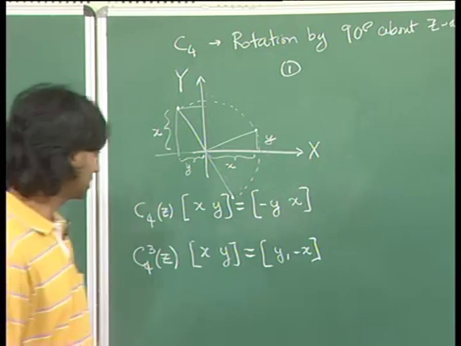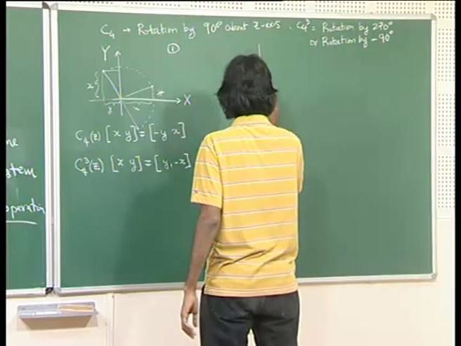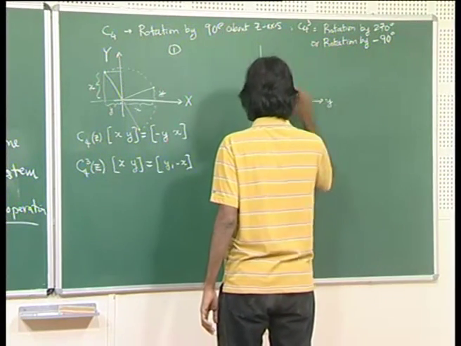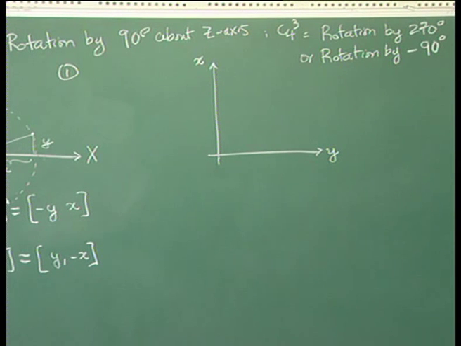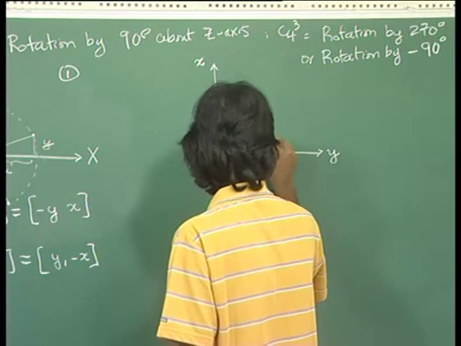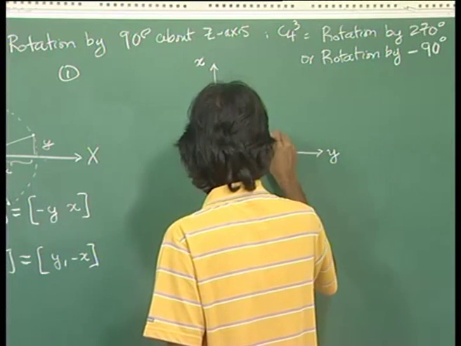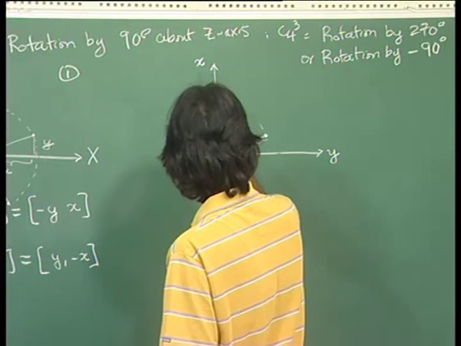Now suppose I do the same thing in a slightly different coordinate system, where let us say this was my y and this was my x. If I had y and x defined this way, then you can see that C4 will take this point here.